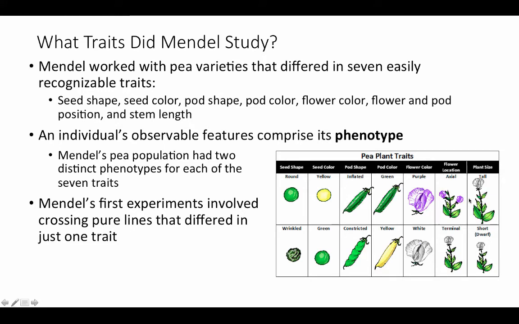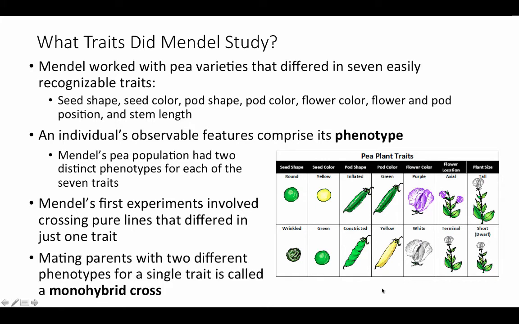All of those things would be identical between the 2 groups. The only thing that would differ between them is this 1 trait that he was looking at. And this kind of approach of mating parents with 2 different phenotypes for a single trait, and that are otherwise similar, is called a monohybrid cross. Mono being 1, so they're going to be hybridized for just 1 feature.